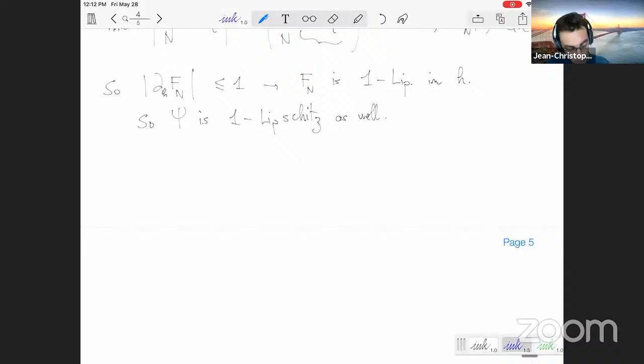Okay, so let's go with the proof now. The first thing I claim is that the function psi star is continuous on its effective domain, which means where it is finite.